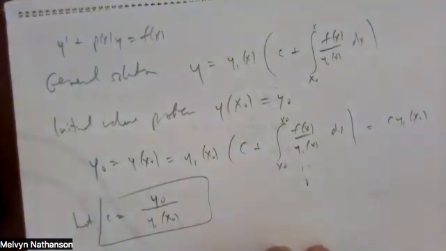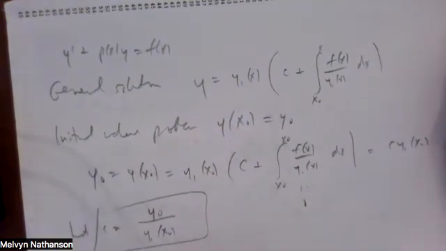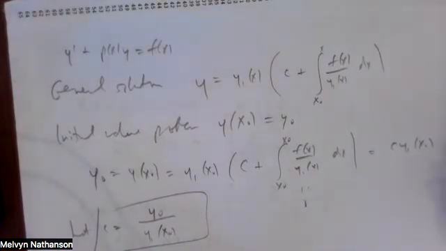Right. So this might seem a little bit abstract, but if you work problems, it becomes concrete and simple, I hope, very soon. So let me spend a few minutes now solving a non-homogeneous equation.